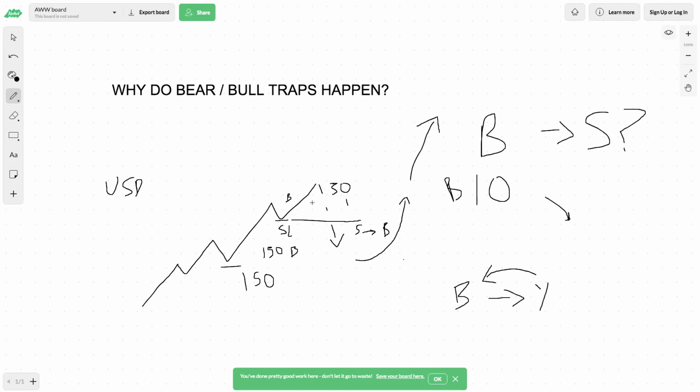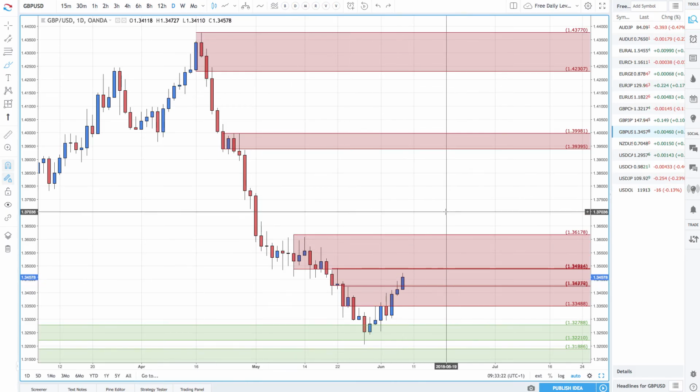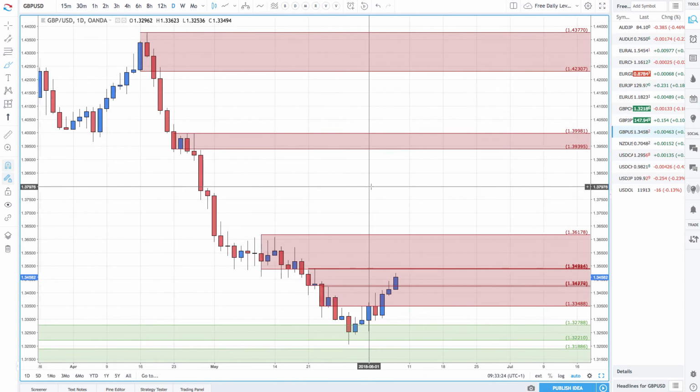So let's look at an example of a news trade bear trap that happened recently, and this is on the pound dollar.